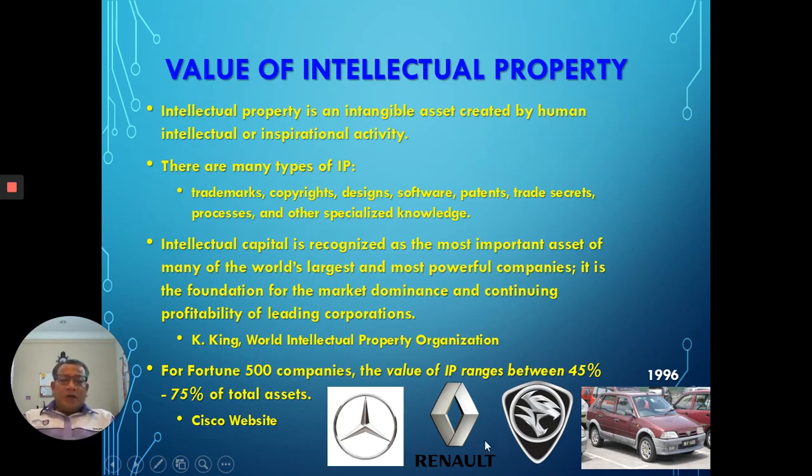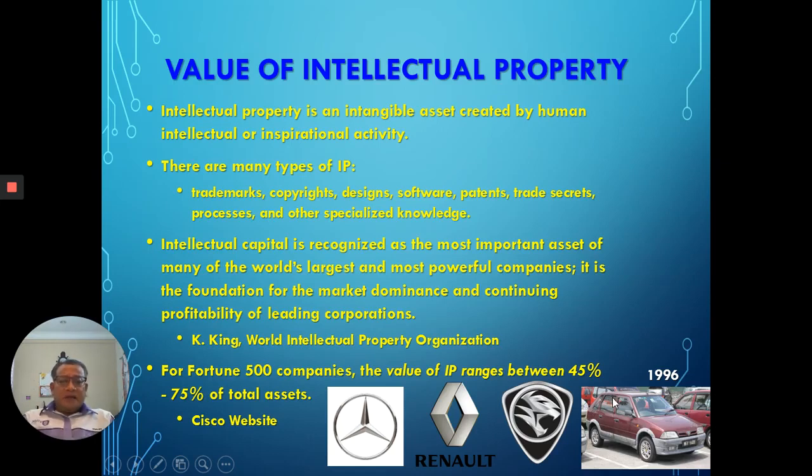So after quite a while of searching, ultimately Proton found one European partner, Renault of France, to co-produce cars in the ASEAN market. Ultimately, in 1996, they managed to produce the first model car, the Proton Tiara.